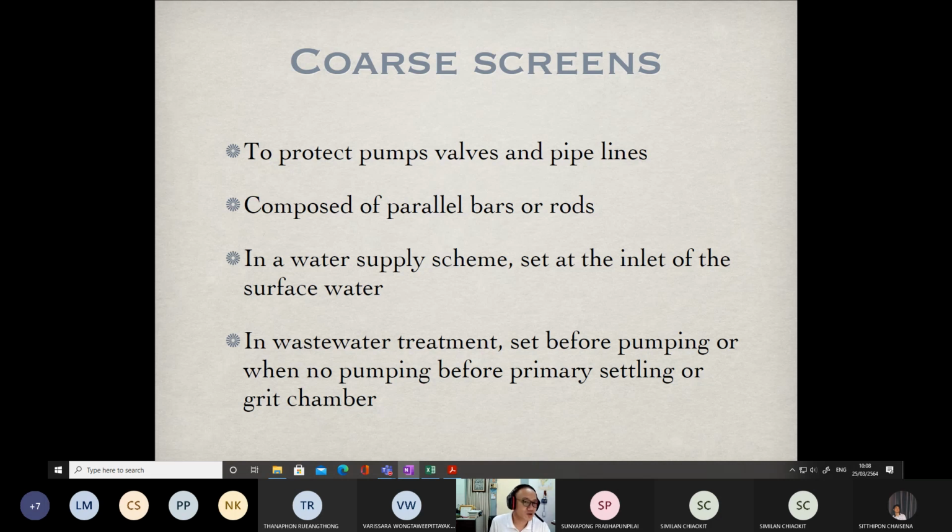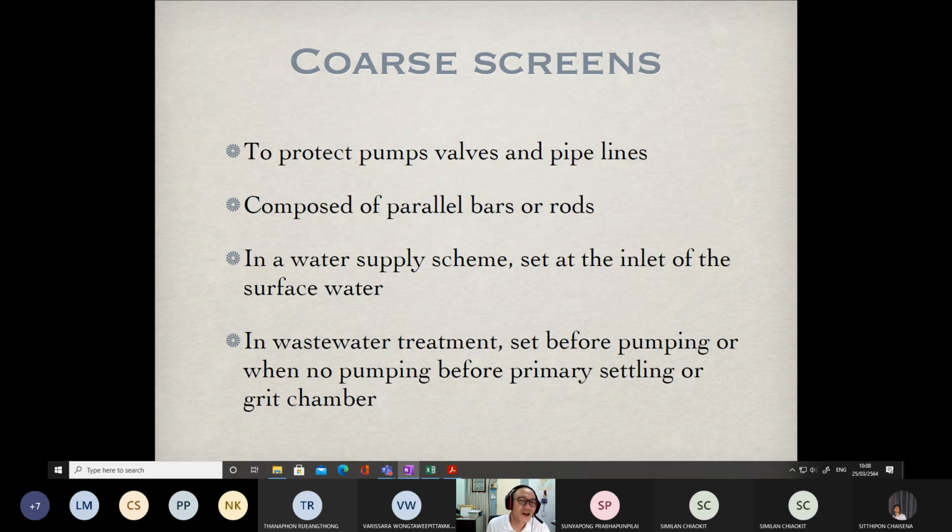But in this semester, unfortunately, I've just checked with the programs. They still have policies not to allow the lecturers to bring the students for field visits. So this semester, unfortunately, maybe you will not be able to go for field visits.